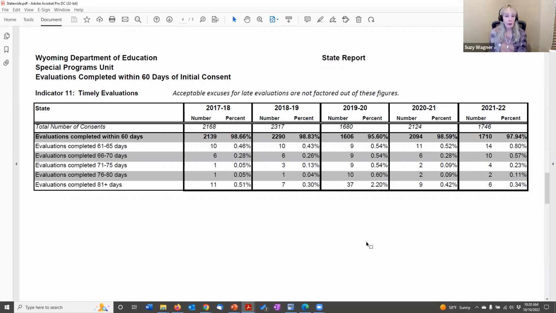When you look at your report, one thing I want you to notice is the total number of consents received in a given year. So you can see in 19-20, it decreased quite a bit, most likely due to COVID. But then notice in 21-22, we have a decrease as well. So look at your numbers and see if you've had a decrease and why you might have experienced that decrease.